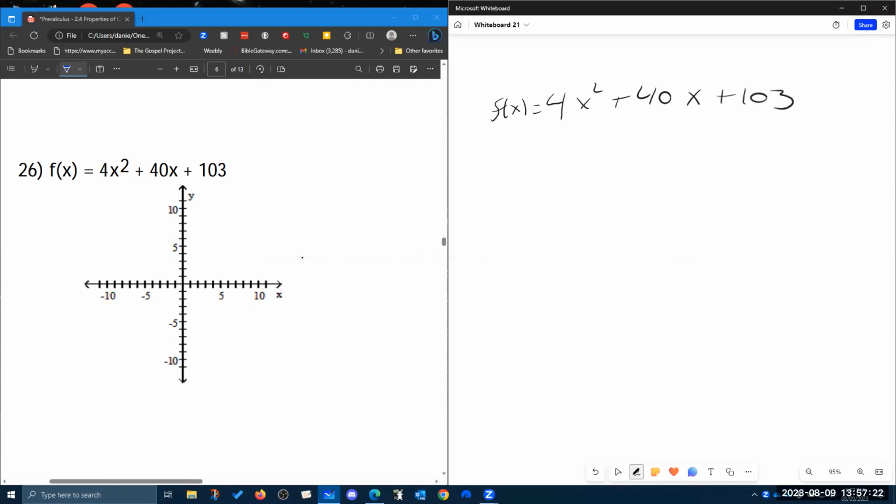So, factors of 103: not divisible by 2, not divisible by 3, not divisible by 4, 5, 6, maybe, nope, not 7, not 8, not 9, not 10.